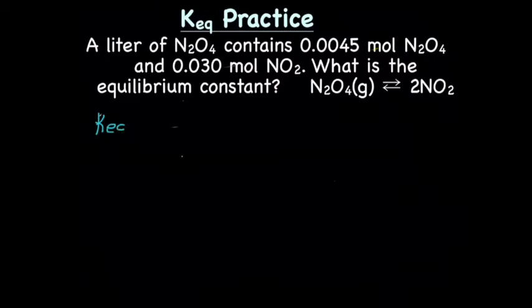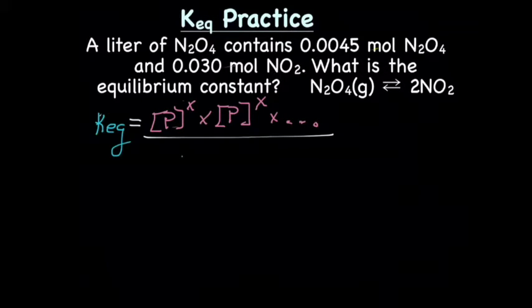KEQ equals the concentration of the product to the power of the coefficient, multiplied by the concentration of the product to the power of the coefficient, and keep going for how many products you have, divided by the concentration of the reactant to the power of the coefficient times the concentration of the reactant to the power of the coefficient, and so forth.